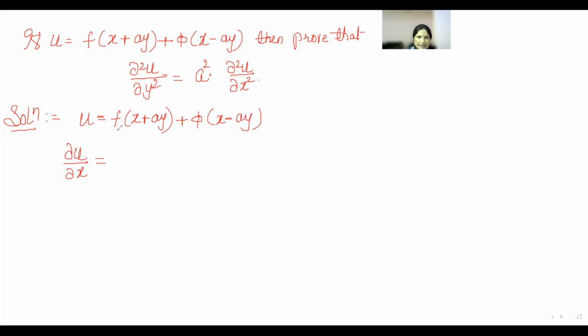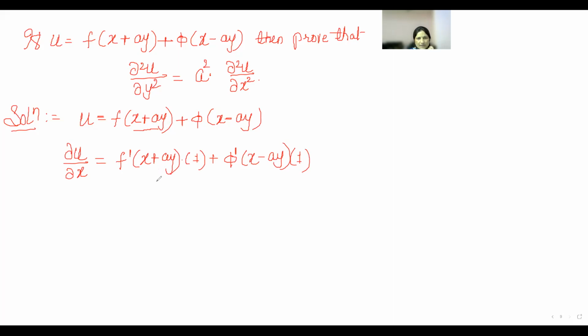So here f of x plus ay, the derivative of this function is f dash of x plus ay into the derivative of this bracket with respect to x, so it will be 1. Okay, plus phi dash of x minus ay into 1.